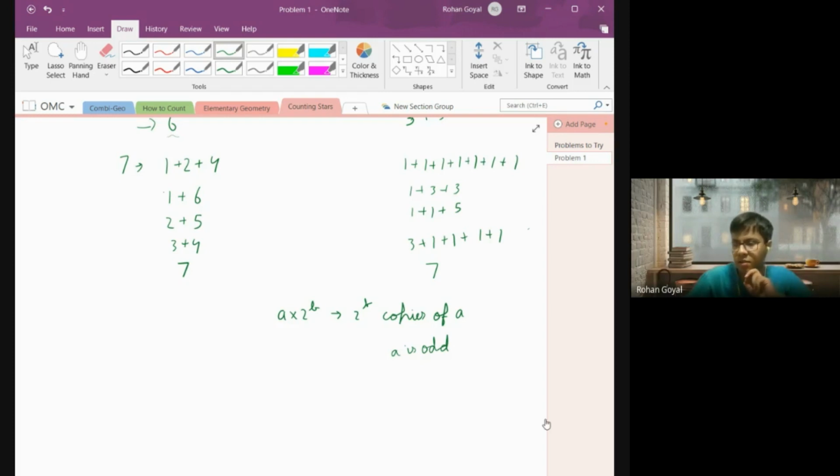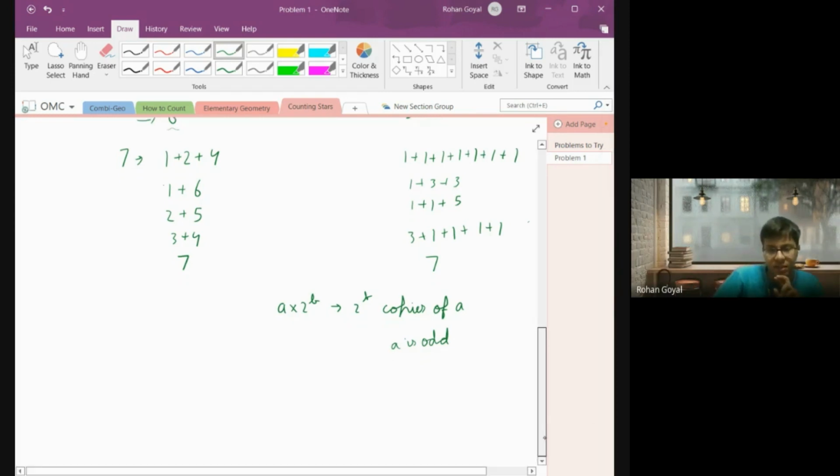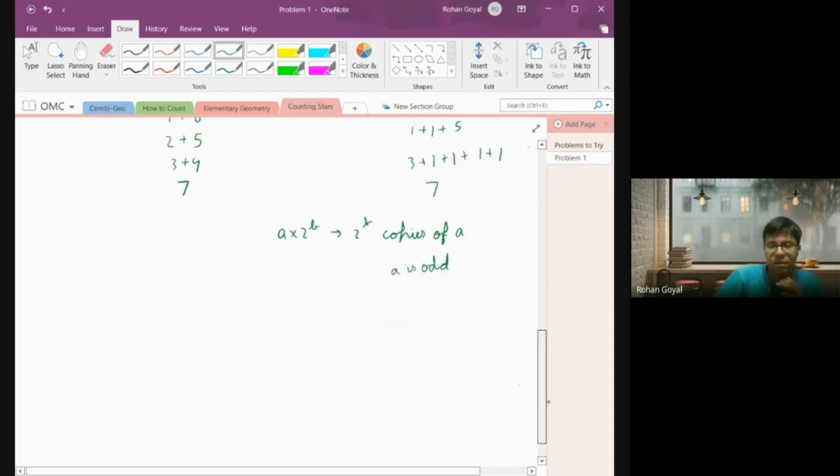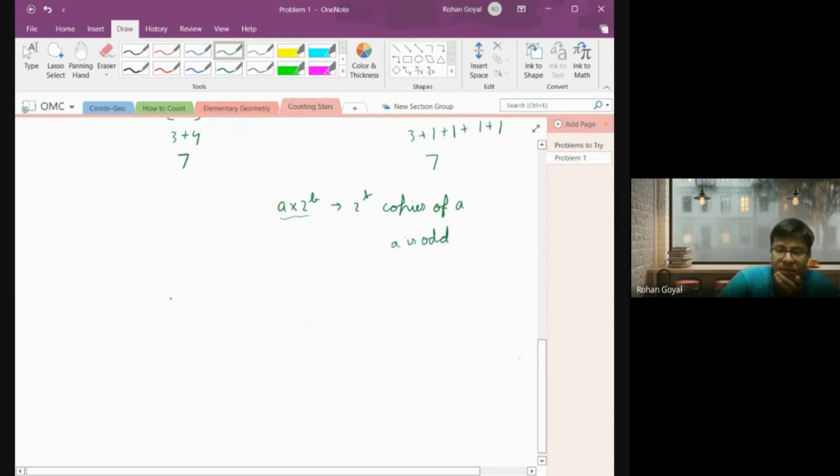Exactly. That is perfect. So what he's saying is how this will work is: on this side, we can take any a into 2 to the b and split it into 2 to the b copies of a. So how do we do the reverse? Now you have, say, n copies of a.